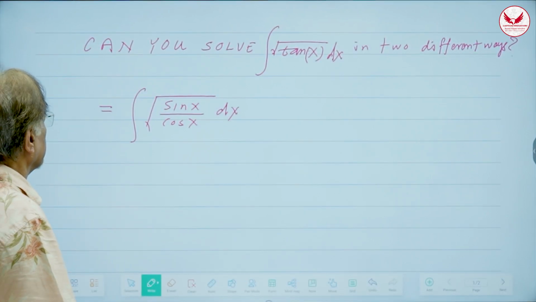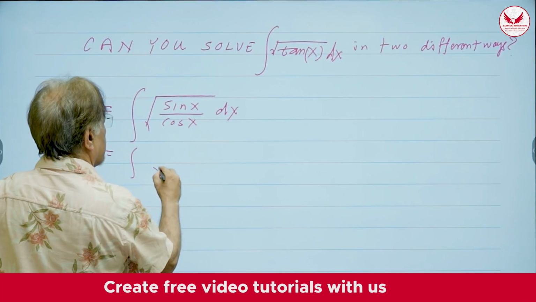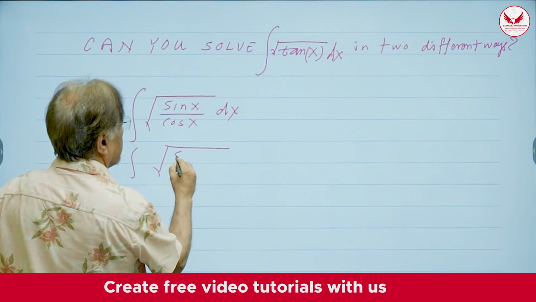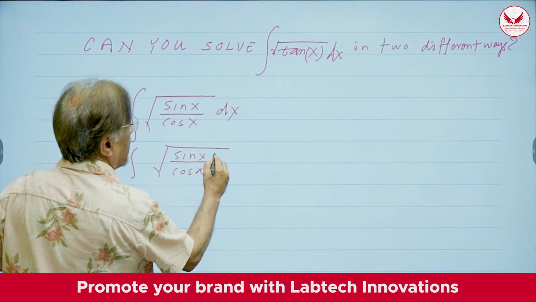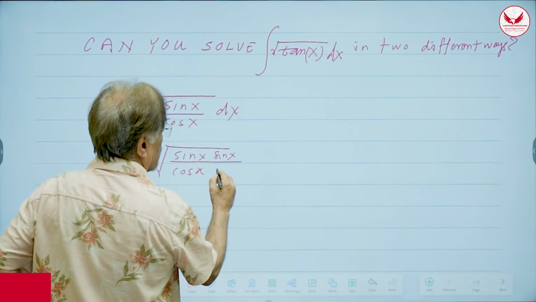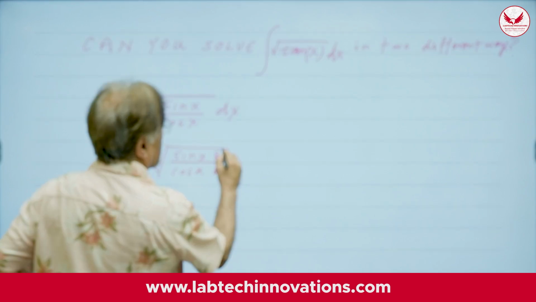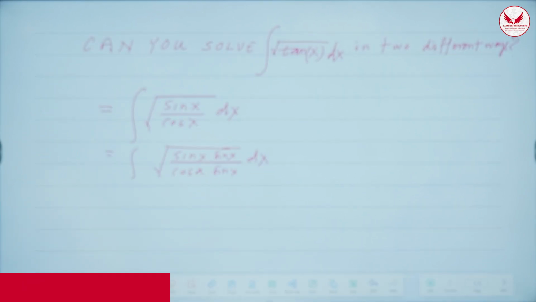Okay? Fine. So, what am I going to do now? I will multiply and divide the numerator as well as the denominator by sin x. So here also I am writing sin x, here also I am writing sin x dx. Now you will be wondering, what am I doing?